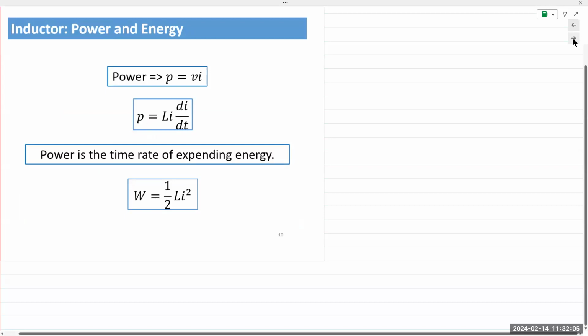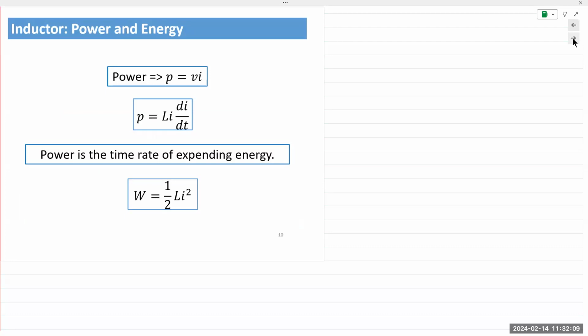Electrical power is simply the product of the voltage and current. You plug in the equation for the current and for the voltage, L di over dt, and you obtain power for an inductor as L i di over dt. And then there's a derivation, a few steps, where you plug in the values and you obtain an expression for the energy.